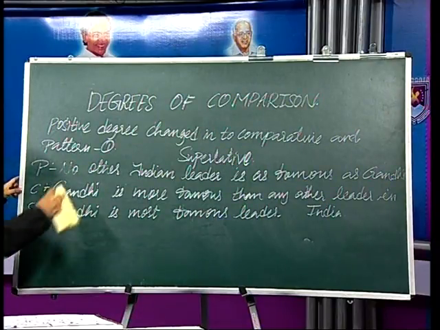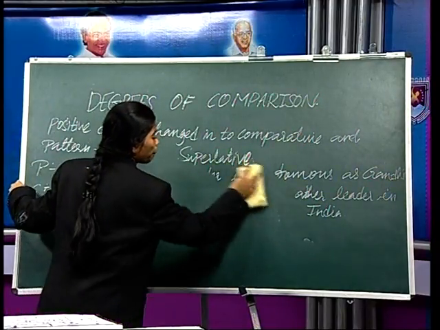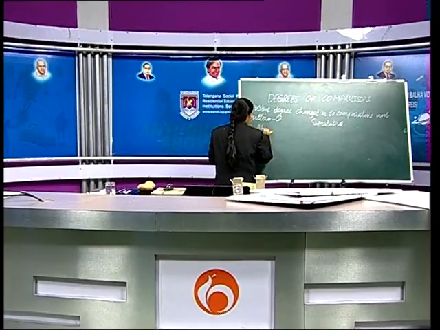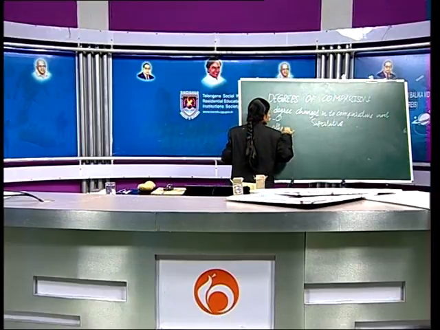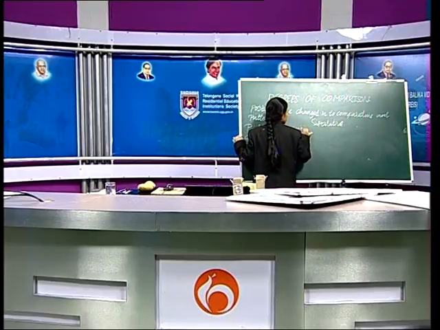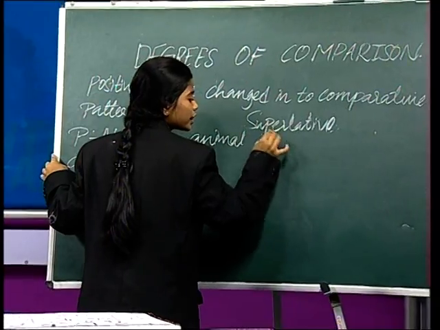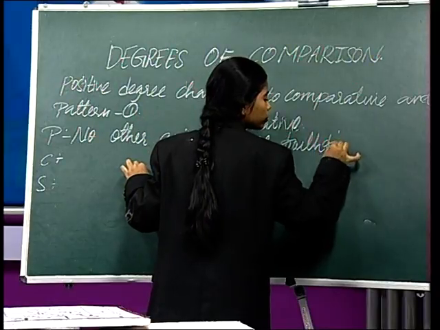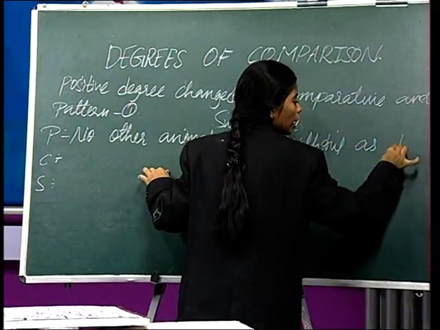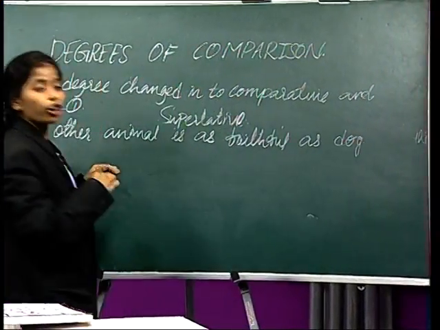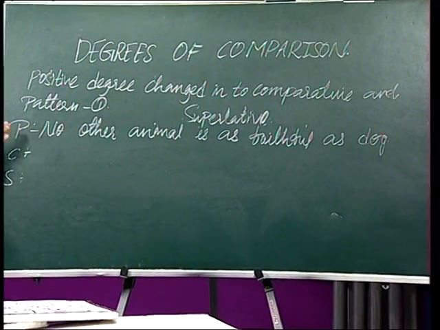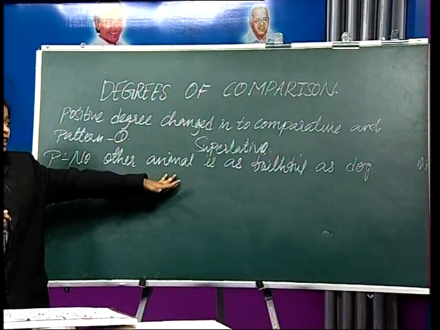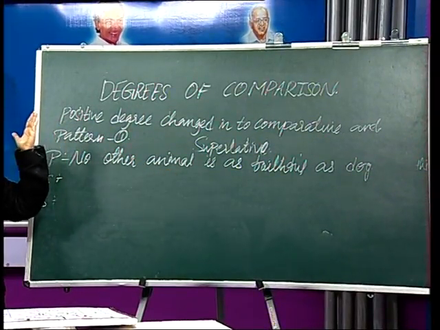Let us take another example of positive, comparative and superlative. No other animal is as faithful as dog. Dear friends, observe here, in the positive form, no other animal is as faithful as dog.